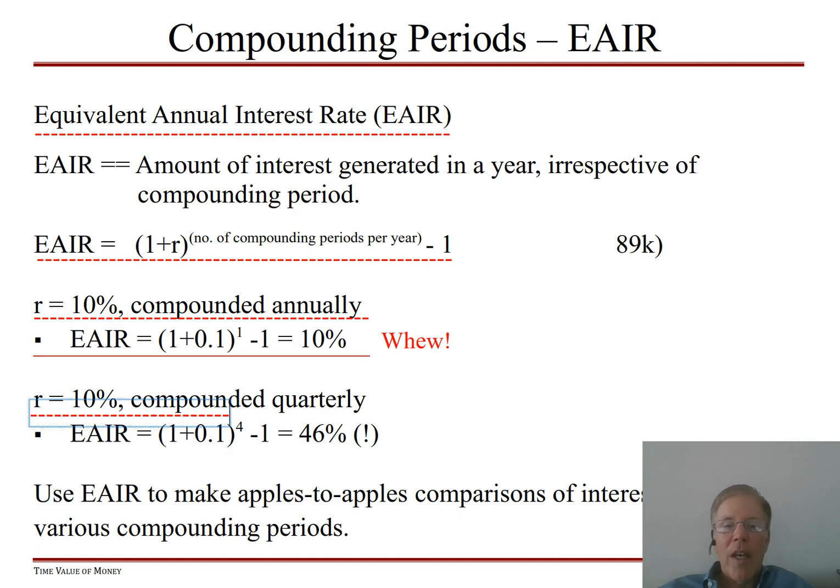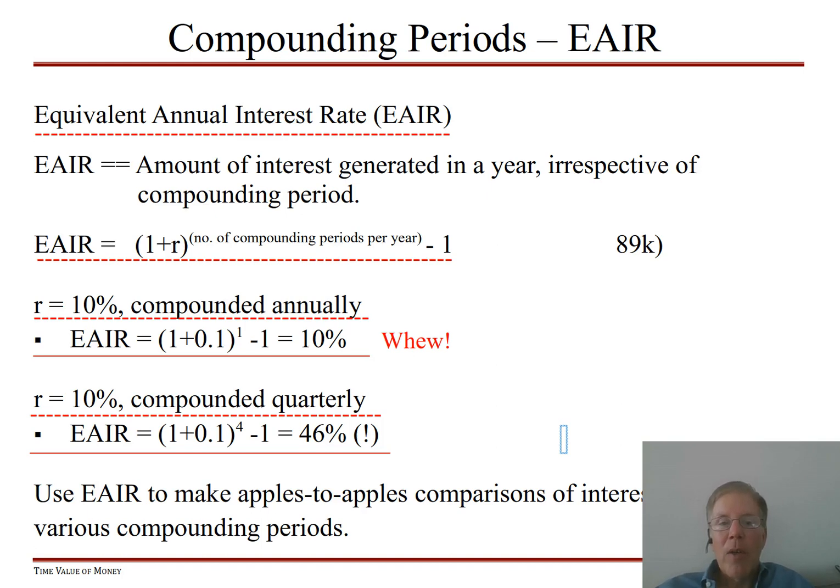So here's maybe a more interesting example now that we've checked the math a little bit. Let's say we're in a deal where the interest rate is 10%, but it's compounding quarterly. The equivalent annual interest rate is going to be what? It's going to be 1 plus 10%, but remember this is quarterly compounding.